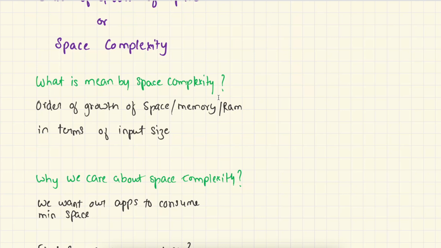We generally do multitasking and multi-programming. We want our computer to run as many programs as possible. And to run all the programs efficiently, we have to develop an application in such a way that it takes as little memory as possible. And even if it takes memory, then it uses the memory efficiently. That's why space complexity is a crucial topic to understand.